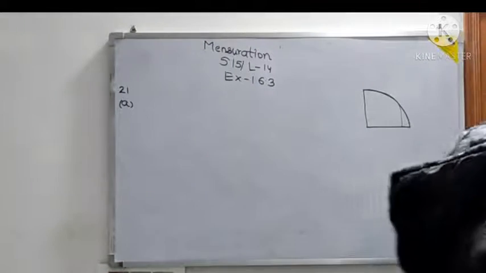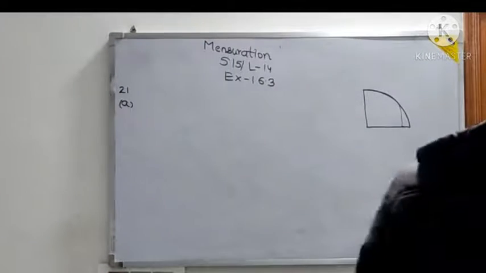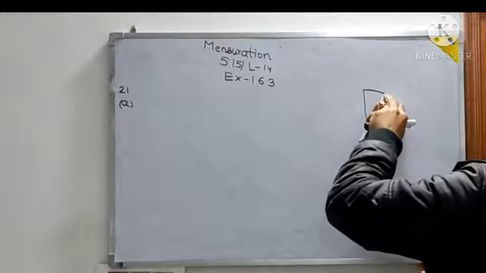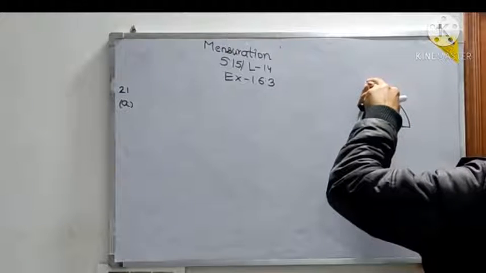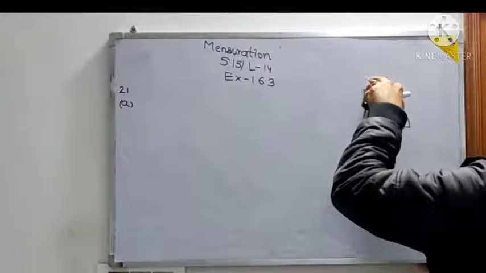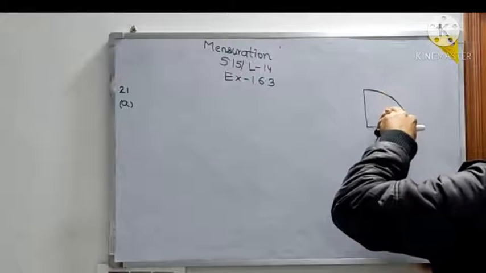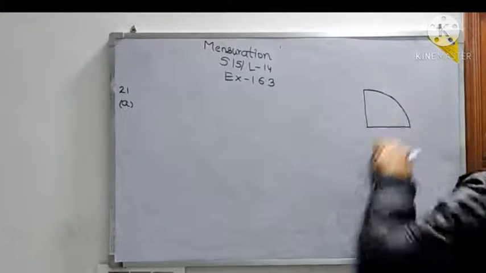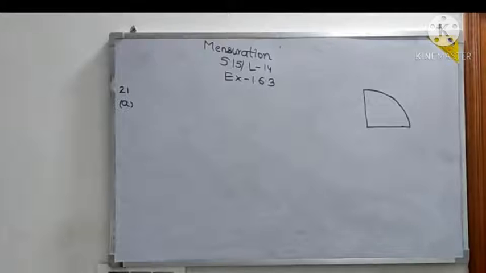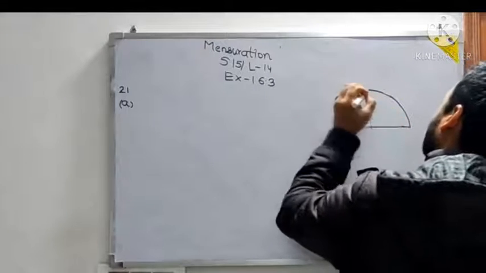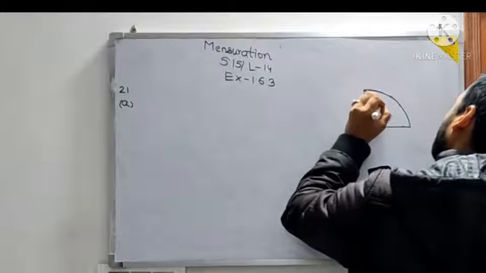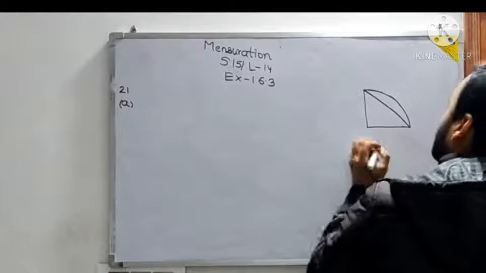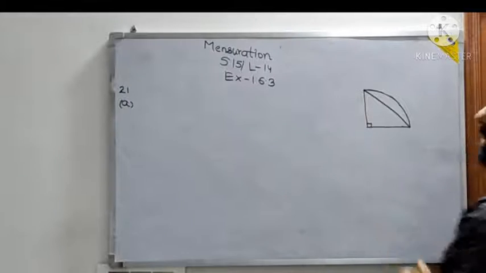A quadrant of a circle is drawn, and in that only there is a right angle triangle also.